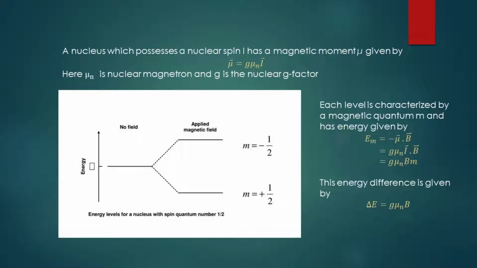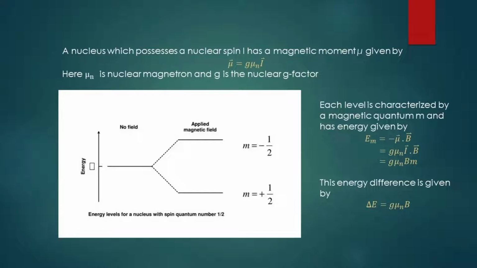The energy is lower for m equal to plus half than that for m equal to minus half, right? So what would be the difference in m? Delta m would be half minus of minus half, so it is basically 1. That is why the energy difference delta E would be g mu_n B, right?